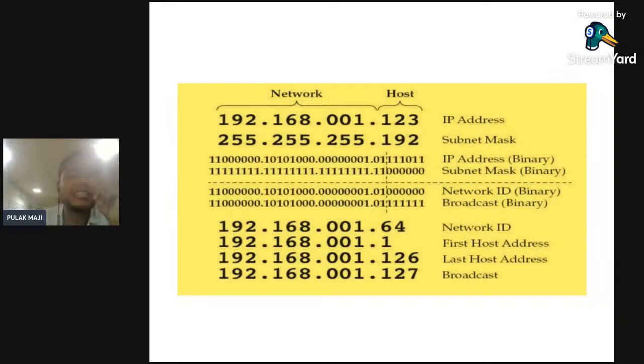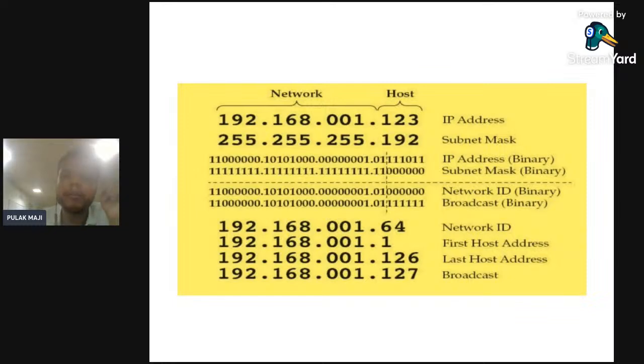If I fix the first bit value, then automatically your network will be divided into 2 parts. If you reserve only 1 bit, then automatically your network will be divided into 2 parts. I'm giving the first part the name S1, and the second part the name S2. Automatically it divides into 2 parts.